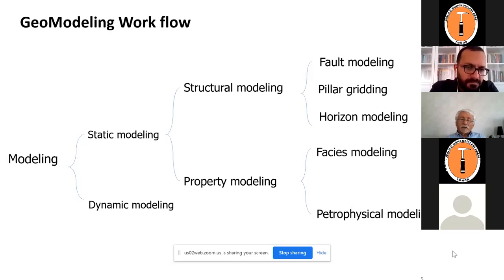About the structural modeling, we can consider different stages in different modeling software such as RMS or Petrel.